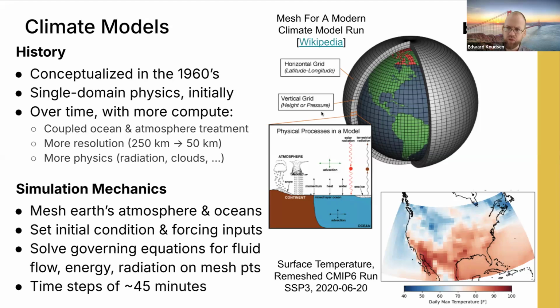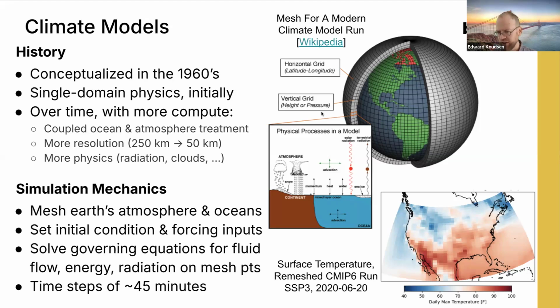And we typically will advance in 45-minute increments. So sometimes it's 30 minutes, sometimes it's an hour, sometimes it's 2 hours. But this is roughly the time scale at which we get data as we're running forward in time for 100 years. And you can see a single time step from a particular climate run in the lower right here. And this gives you an idea of the resolution of these models.